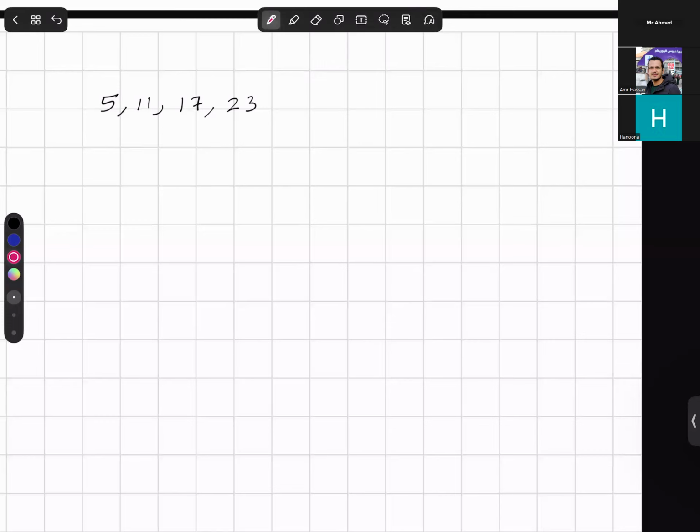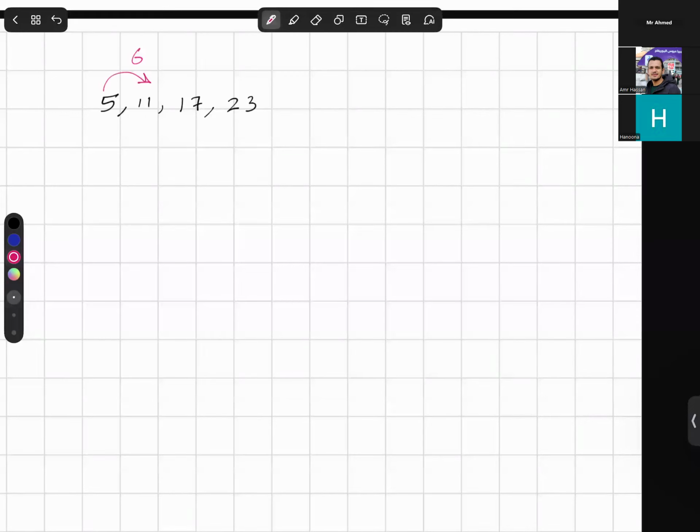Basically, I need to pick up every two consecutive terms. Consecutive means the terms which follow each other. This one's called the first term, this one the second term, this one third, this one fourth. If we subtract, what is 11 minus 5?